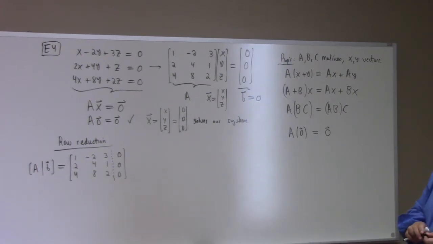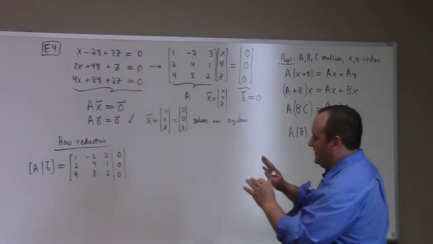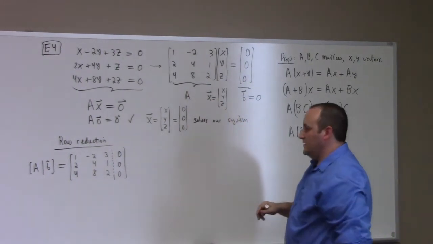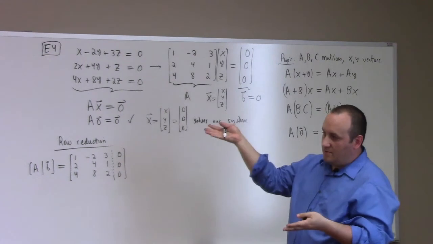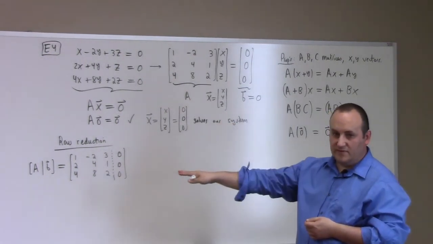This is a way of writing the system of equations without writing the variables. It captures the structure of the system without the drag of writing x, y, z all over the place. But this has all the information of example 4's system, right? It's the same thing. And then what you can do is the things we did to solve example 1 for this system at the level of this notation.